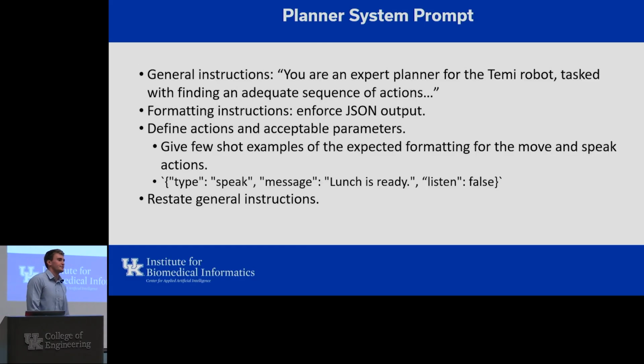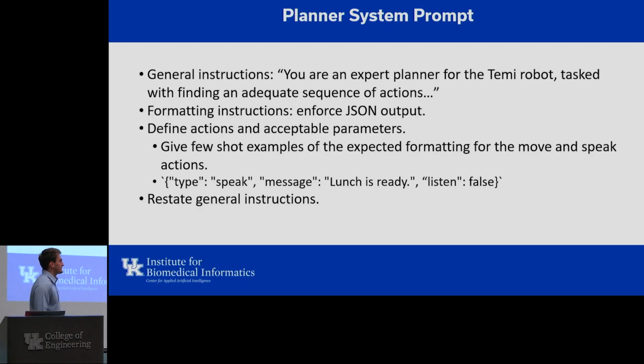So now the planner system prompt for the reasoning model gives the language model general instructions, embodies the LLM like previously as an expert planner for the Temi robot that generates a sequence of actions, and then we define those actions and enforce that they're given to us in a structured output. The reason we need these to be in a structured output is because we're eventually going to take these results and turn it into executable actions, turn it into code.